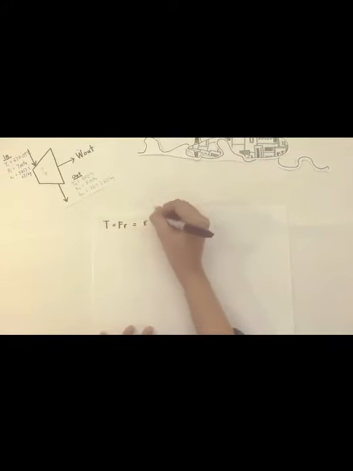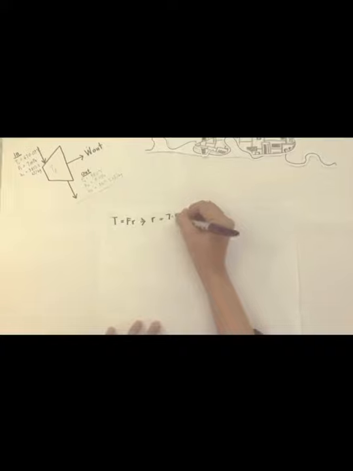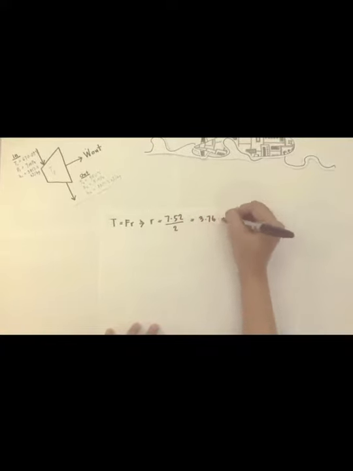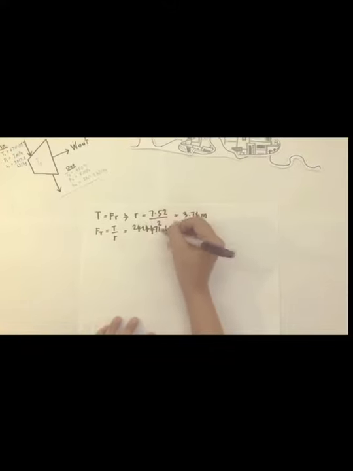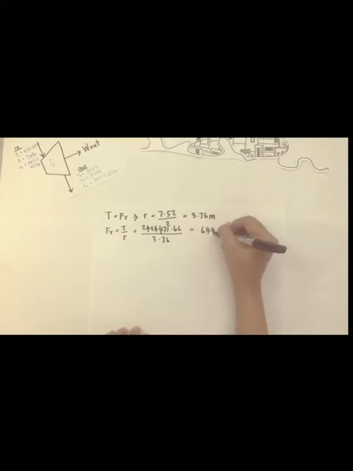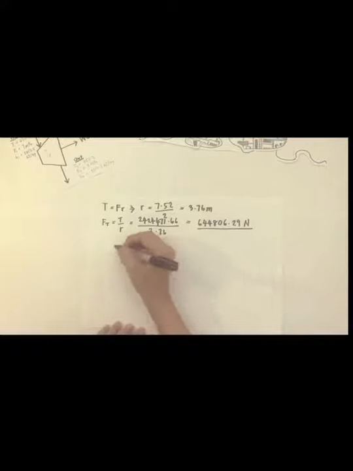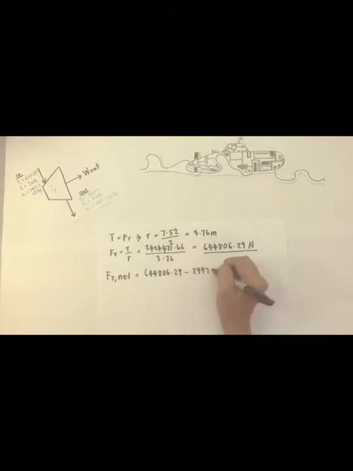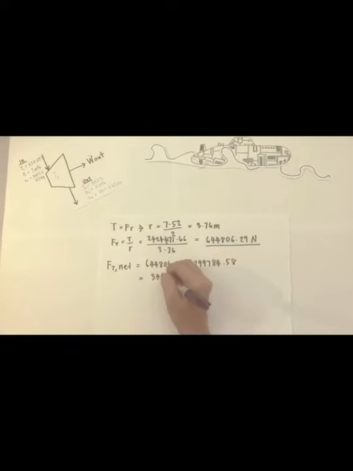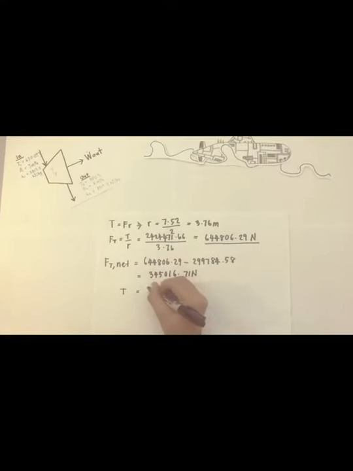Afterwards, we find the thrust force. The radius of our propeller is 3.76 meters, and then by using those values, we can finally get the thrust force to be 644 kilonewtons. Afterwards, we subtract the drag force from the thrust force to find the net thrust force, which is equivalent to 345 kilonewtons.